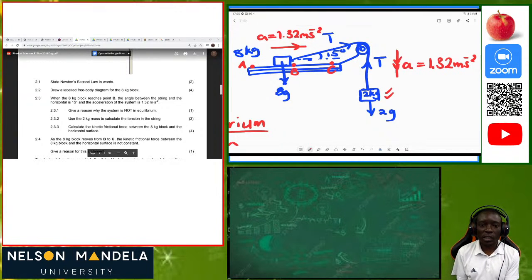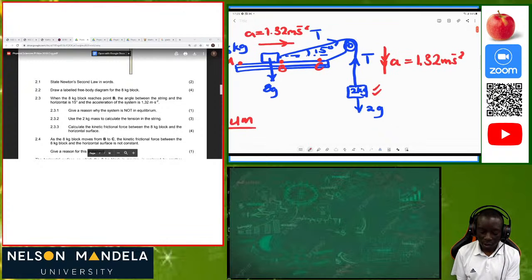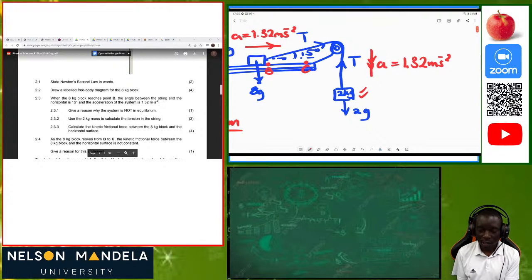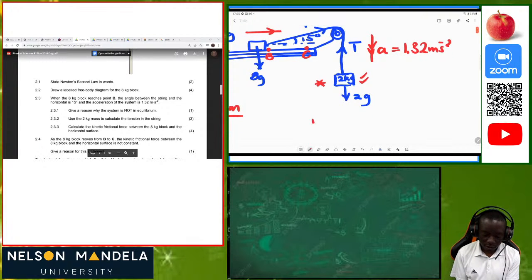And as it pulls the 8 kg object, that is also accelerated at 1.32 meters per second squared, the same acceleration. So we can create an equation by looking at the forces. We are given a clue that we should use the 2 kg mass. The weight of the 2 kg mass minus the tension, which is upwards, are the two forces acting on the 2 kg block.